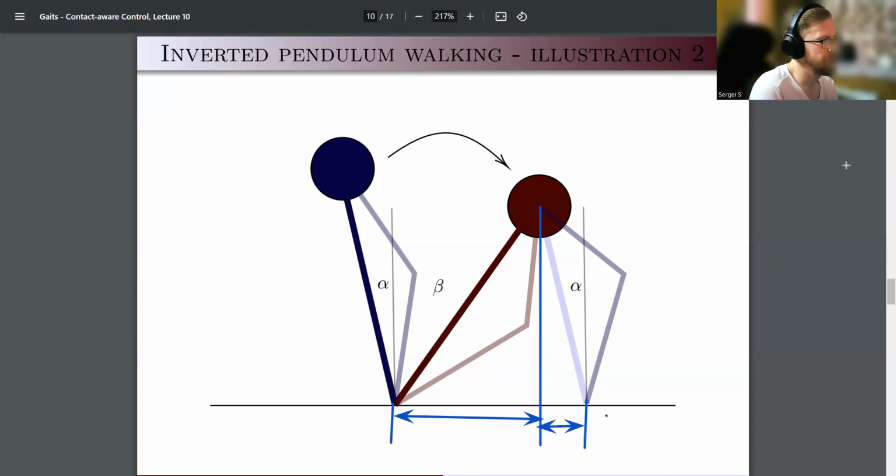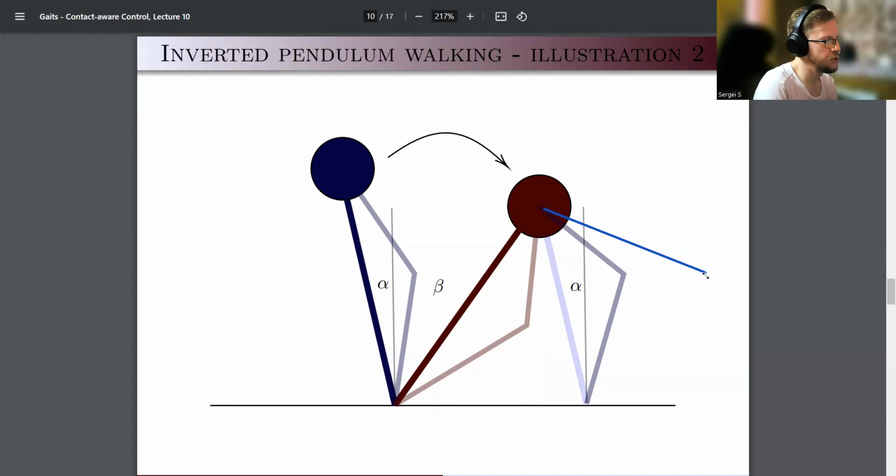Well, our step, instead of being like this, goes maybe like this. So your body leans forward more. What happens if we increase alpha? Then your step maybe goes like this a little bit. So your body leans back more.